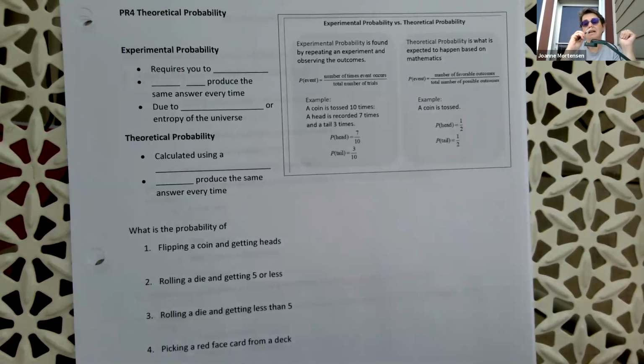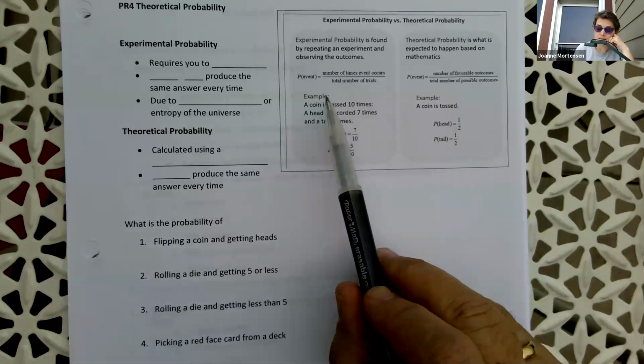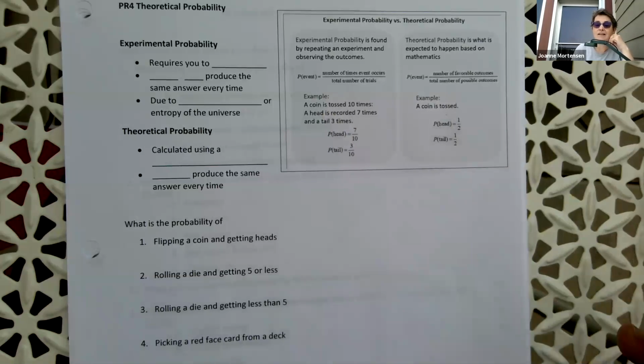You would find those lines to be really close to straight, because the more times you repeat an experiment, the closer it's going to get to your theoretical probability. So let's fill in the notes and make sure you can remember the difference between them. I also added a little graphic there for us.